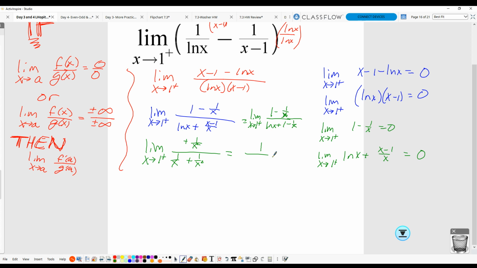Oh, that's a number, it's not a 0. 1 over 1 plus 1 over 1 squared, so 1 plus 1 is 2. So infinity minus infinity today is 1/2.